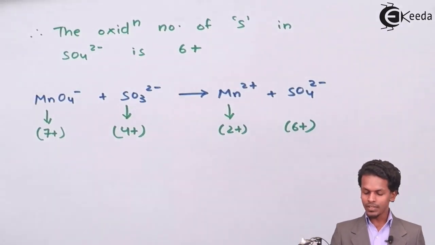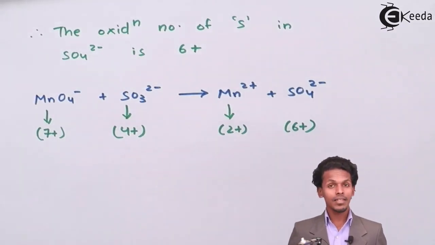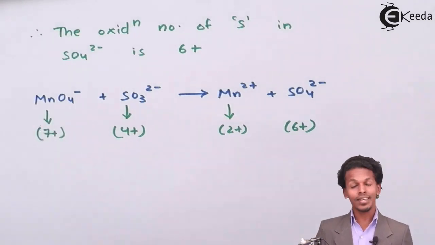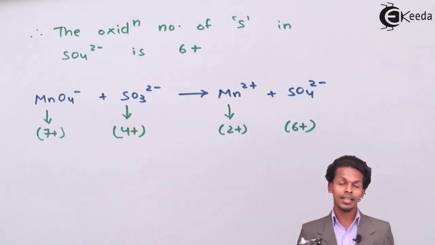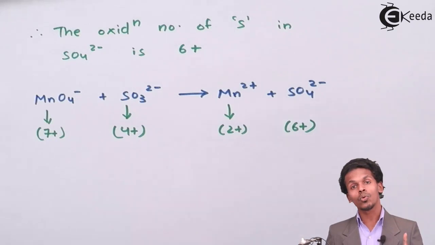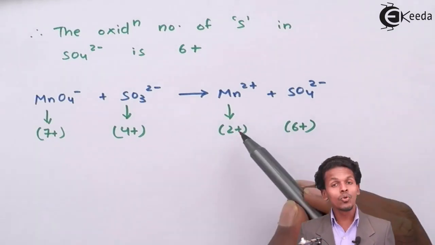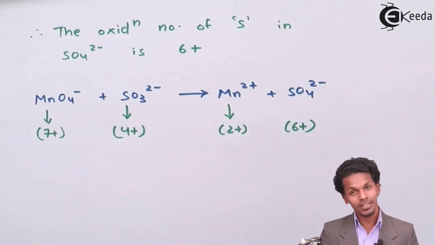As we can observe, the manganese, which has an oxidation number of 7 in MnO4 minus, is now being converted to an oxidation number of 2 plus in the Mn2 plus ion.